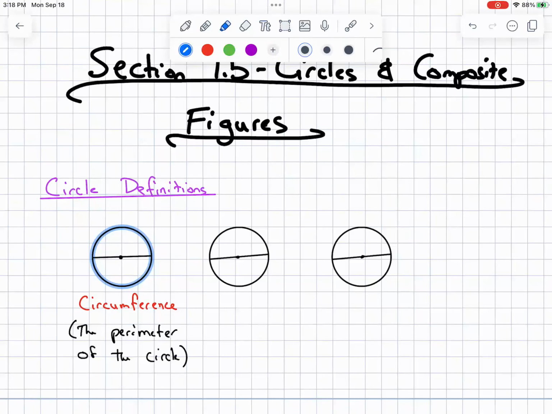Then if you were to highlight the entire line that goes from one side of the circle through the center to the other side, that is called the diameter. It is the distance across the circle.